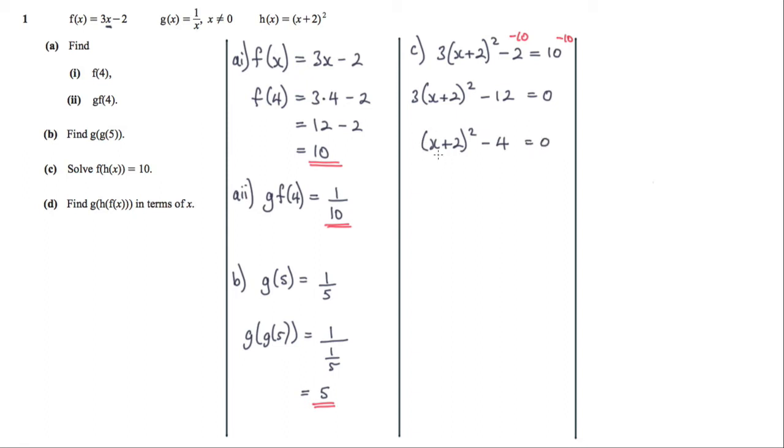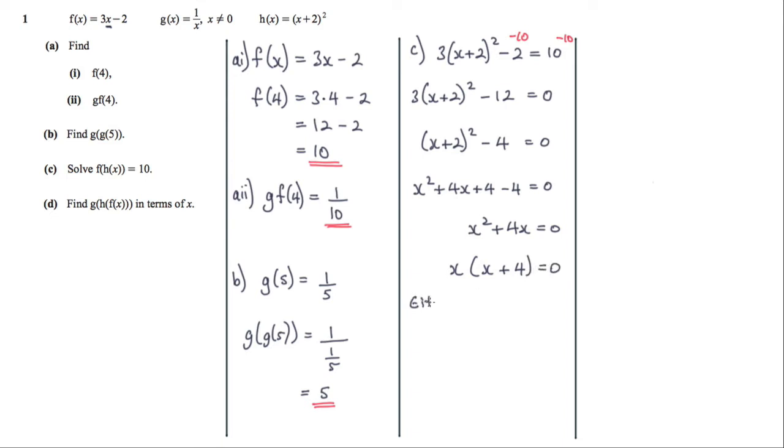I can now expand this bracket here, so a bit of bracket expansion. We're going to get x squared plus 4x plus 4 minus the 4 is equal to 0. Now these 4s here will cancel, leaving me with x squared plus 4x equal to 0. And now I can factorize here. So x times x plus 4 is equal to 0.